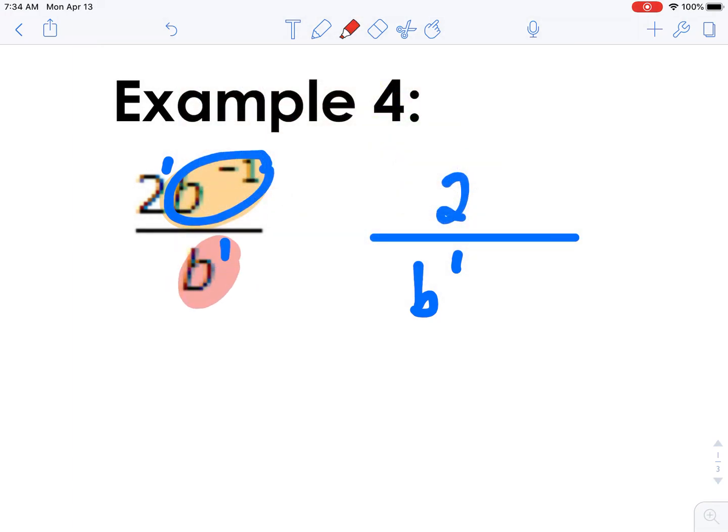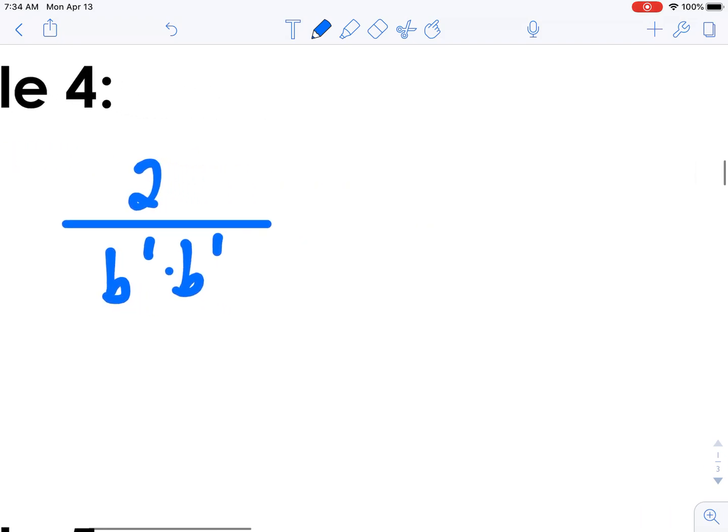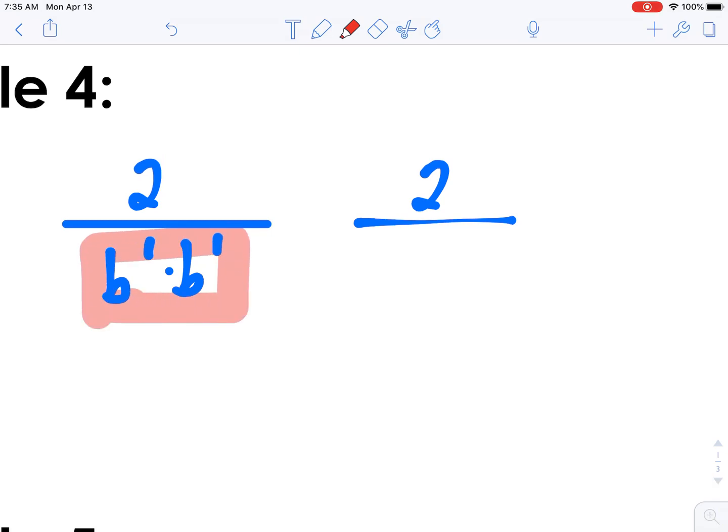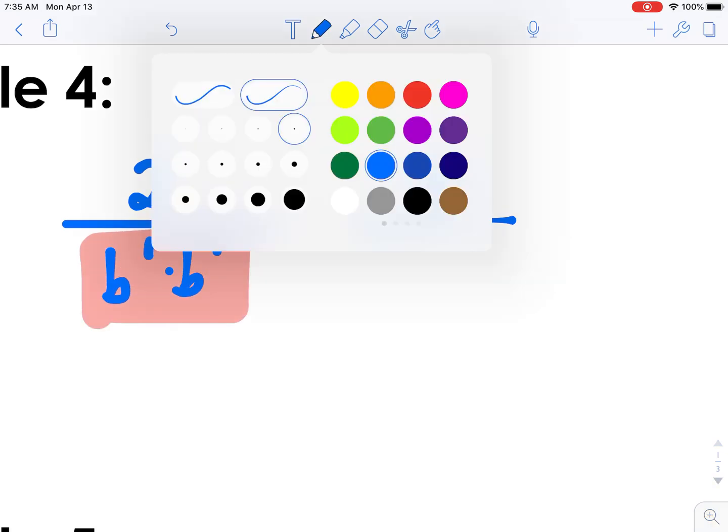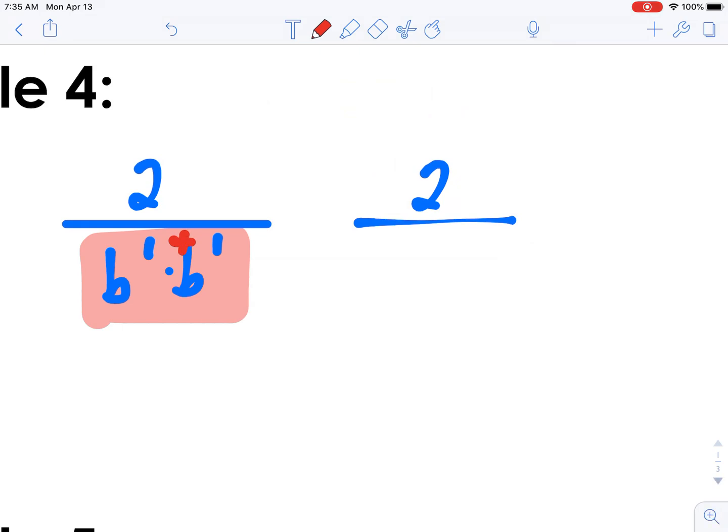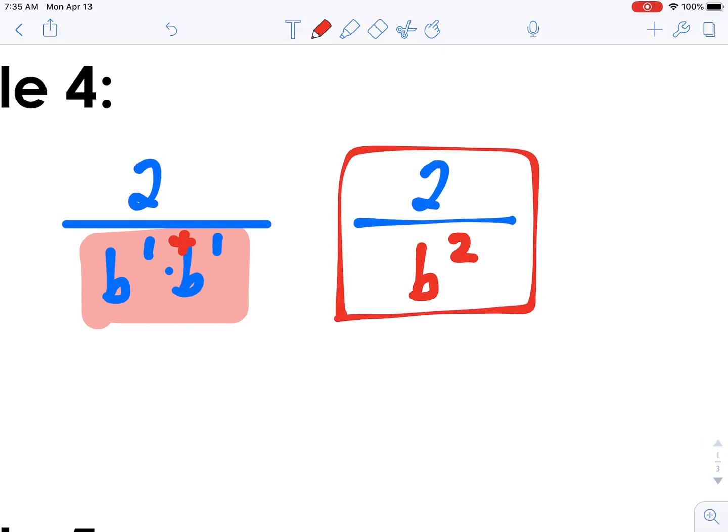And then I still have this b to the 1 on the bottom. Let's simplify from here. If they're both in the bottom or both in the top, that's using your multiplication rules. Your multiplication rules say when you're multiplying same base, rewrite your base and add your exponents. 1 plus 1 is 2.